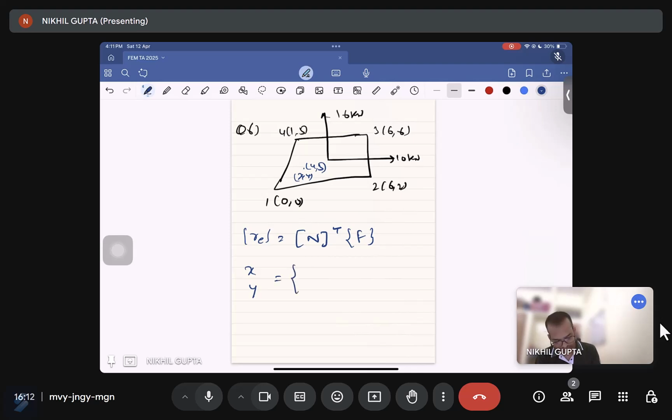So this is 4 5, which will be equal to N1 0, N2 0, N3 0, N4 0, then 0, N1 0, N2 0, N3 0, N4, and here it will be x1 y1, x2 y2, x3 y3, x4 y4.